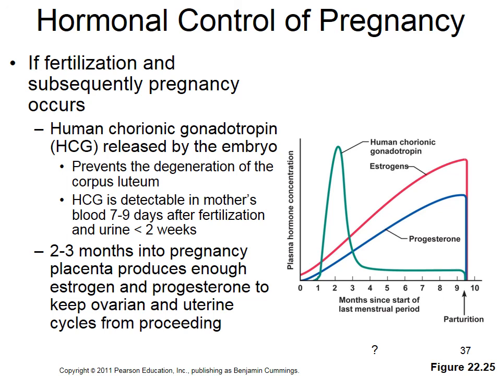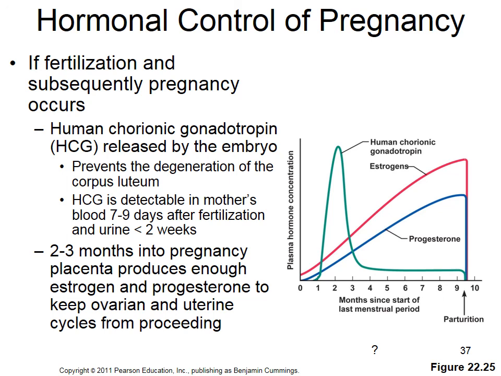The last thing we'll talk about with the female reproductive system is hormonal control of pregnancy. Here we have estrogen and progesterone levels during pregnancy. On the x-axis we have months.